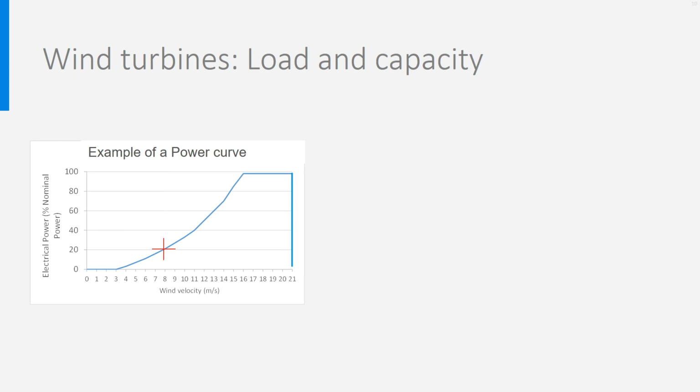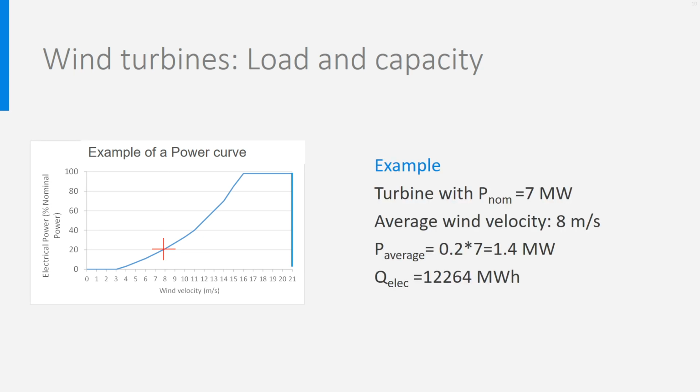If we take a turbine of 7 megawatt, we come to a production of 12,264 megawatt-hour annually. In fact, such a large modern turbine would achieve easily double this electricity production. Most large turbines will have a steeper power curve. This is why it is essential to use a specific power curve corresponding to the turbine under consideration.